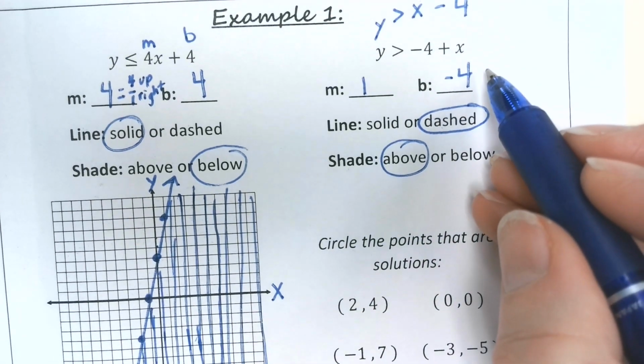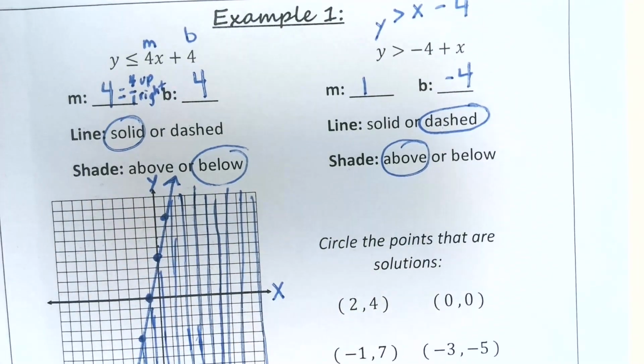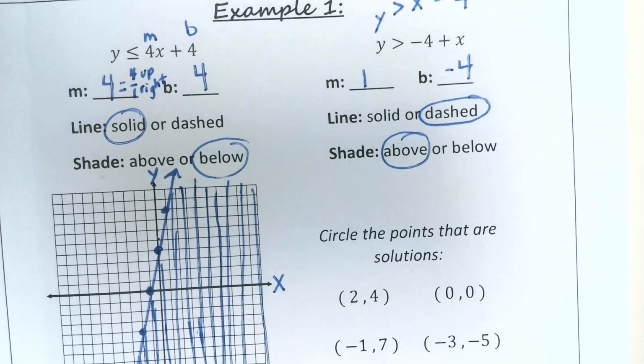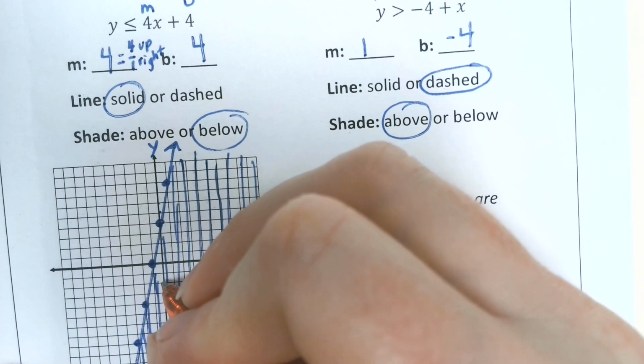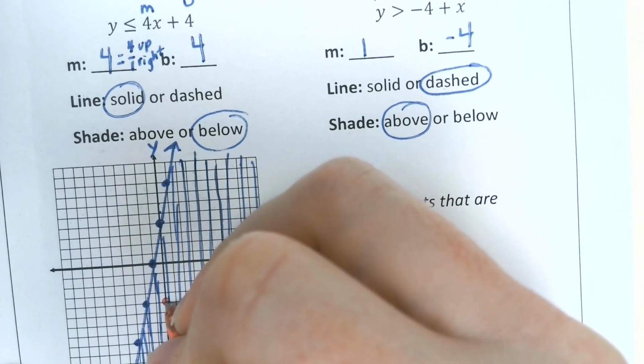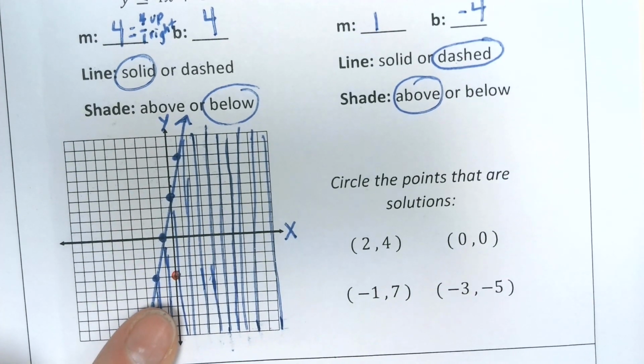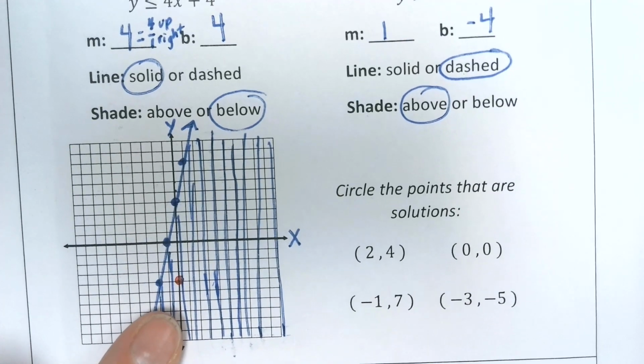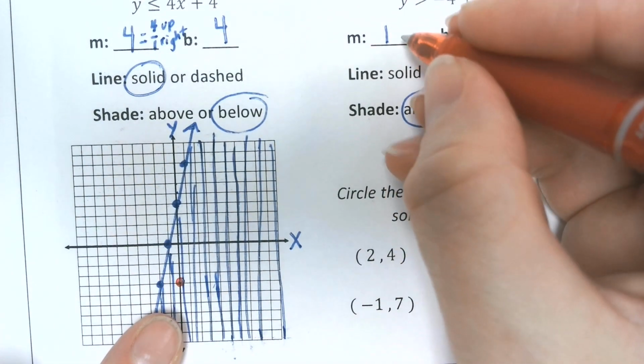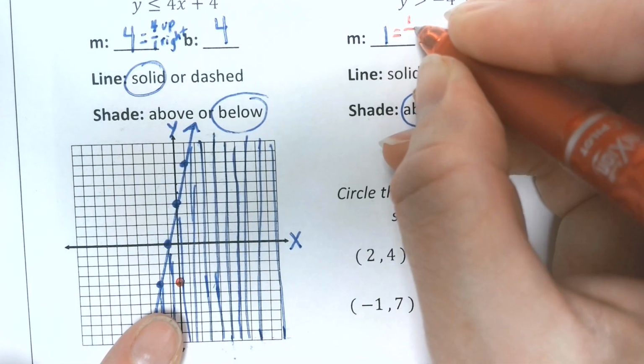Okay, let's start with our y-intercept. So we're going to go down to -4. So 1, 2, 3, 4. And then our slope is 1, but what that really means is 1 over 1.